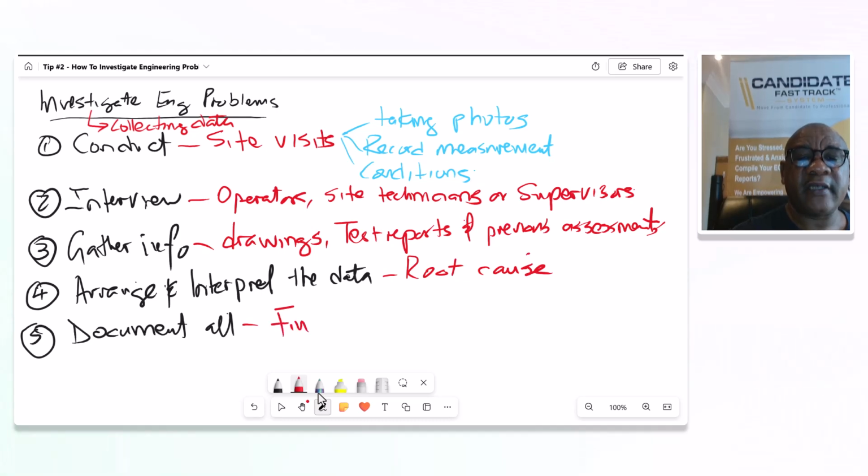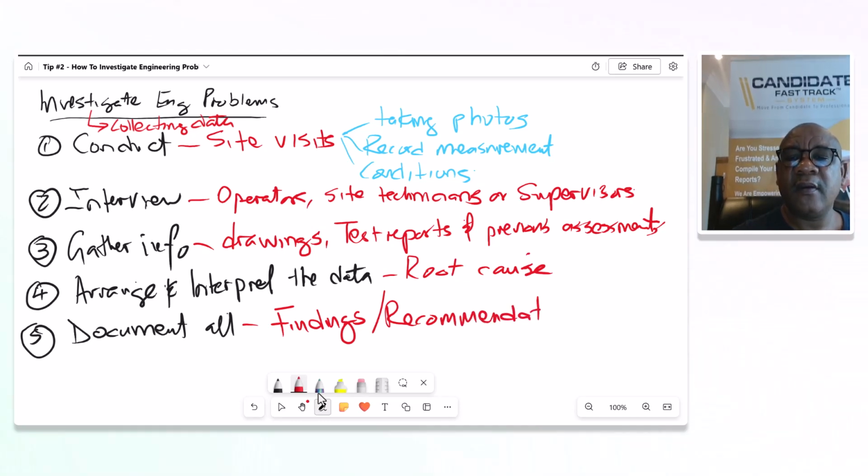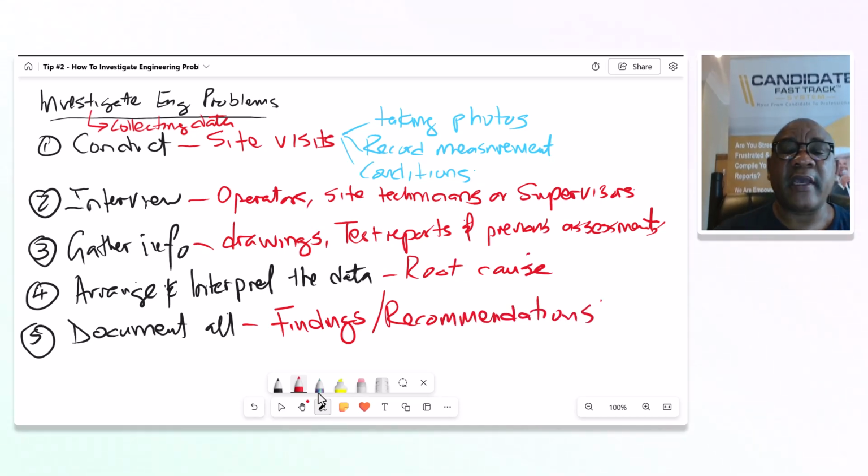You need to document findings and make some recommendations. This is the process that you go through when you investigate a particular problem, specifically, remember, for outcome one on your ECSA report.